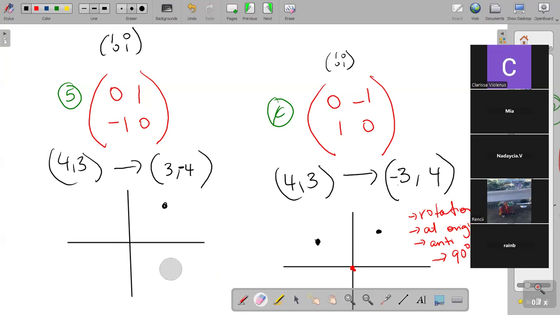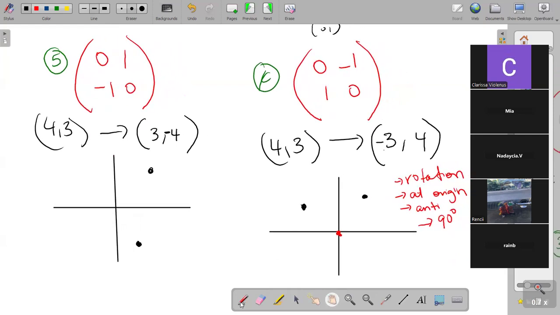But we're not exactly in the same place, because this was 4. So it's like here. Because they don't line up, we know, is it a rotation or a reflection? And you should realize the similarity between these two. So it's going to be a rotation.